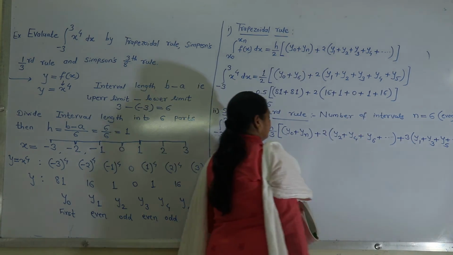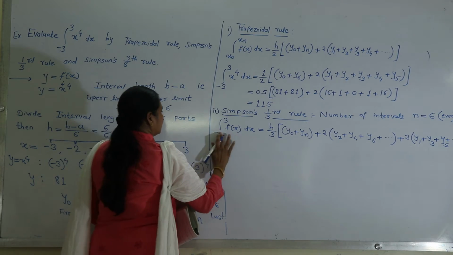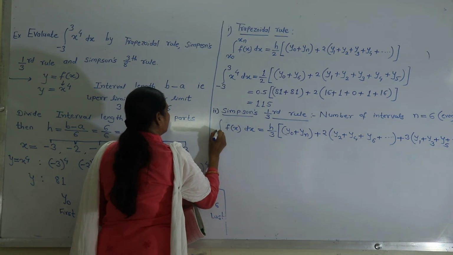This is the general formula, but here it should be x0 to xn.